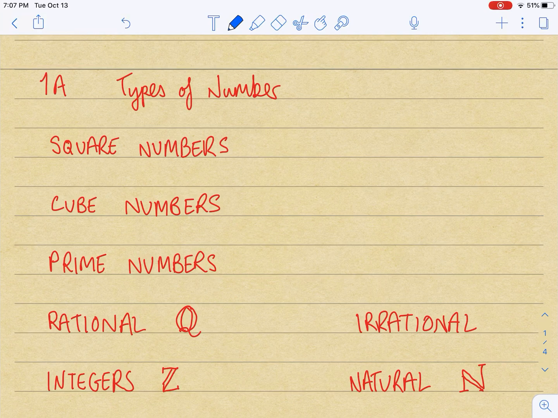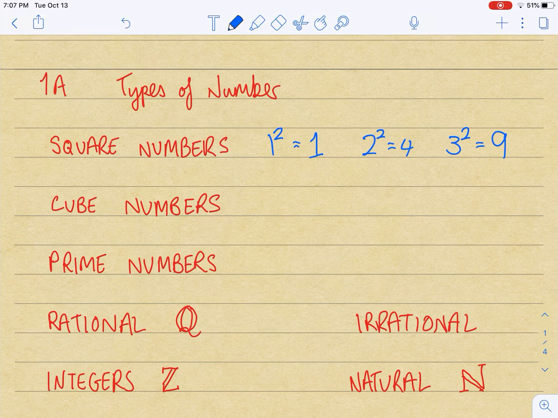So some types of number we need to know is square numbers. Now square numbers are any numbers that result from squaring. So for example, 1 squared is 1, 1 is a square number. 2 squared is 4, 4 is a square number. 3 squared is 9, 9 is a square number.